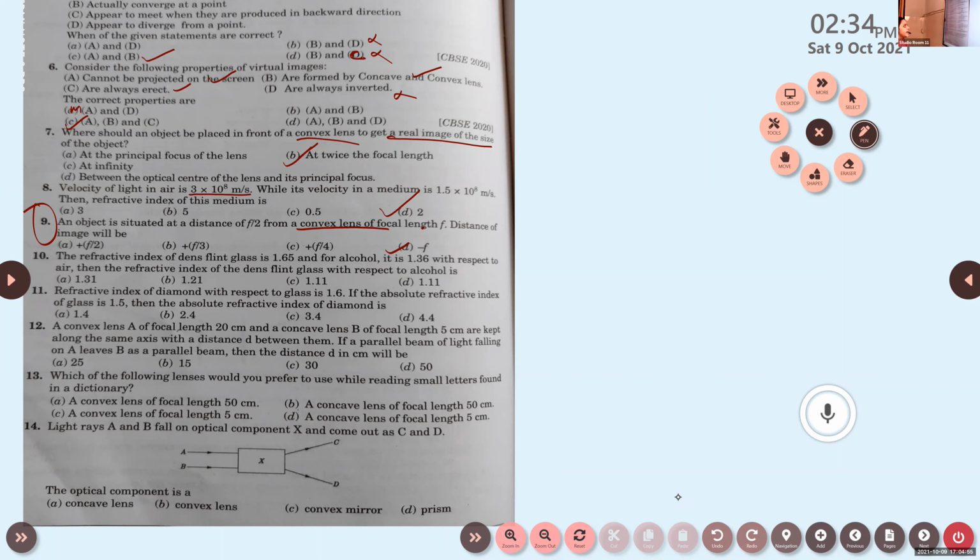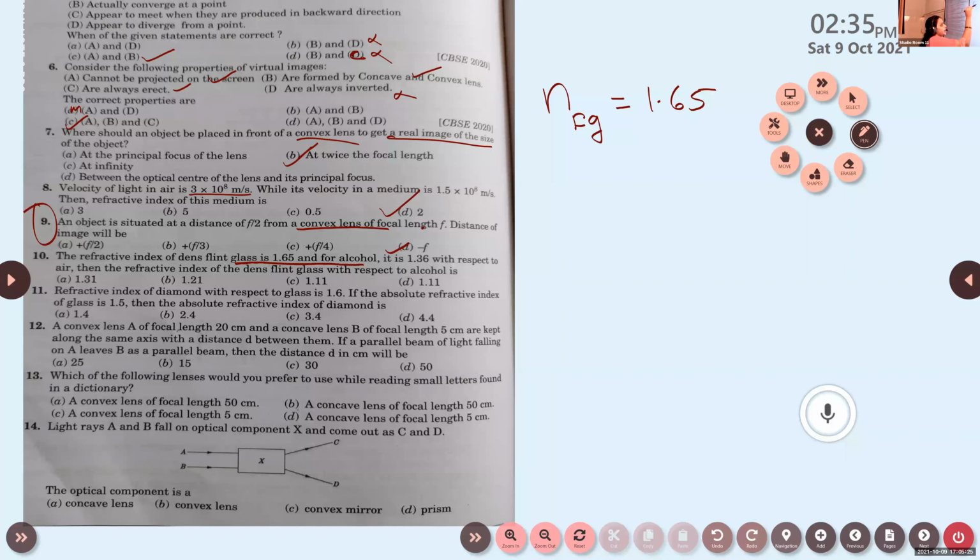Refractive index of dense flint glass. So we know that refractive index is represented by the letter n. It is a dense flint glass, flint glass, so we can write FG. n_FG for the refractive index of flint glass. The refractive index of dense flint glass is equal to 1.65. It is given. And the refractive index of alcohol is 1.36.